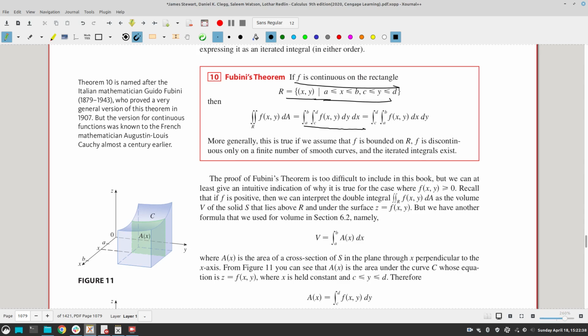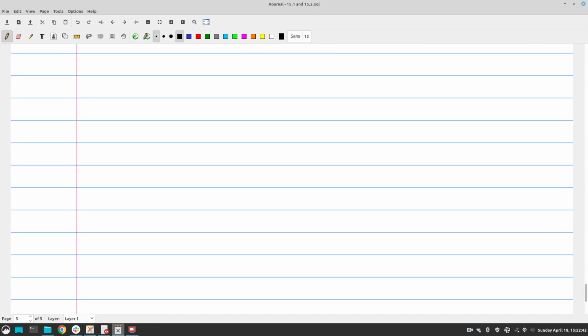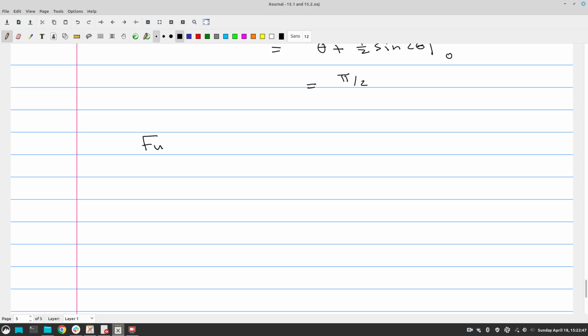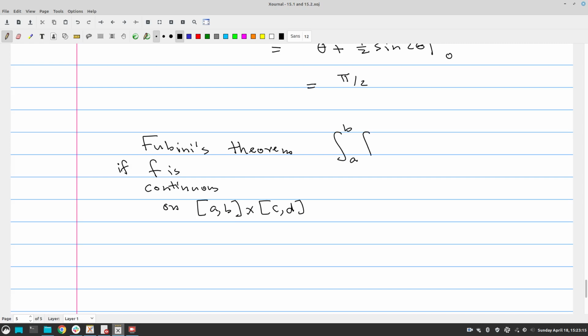Fubini's theorem basically tells you, if f is continuous on this rectangle, then we have the integral of f(x,y) dy dx equals the integral of f(x,y) dx dy.